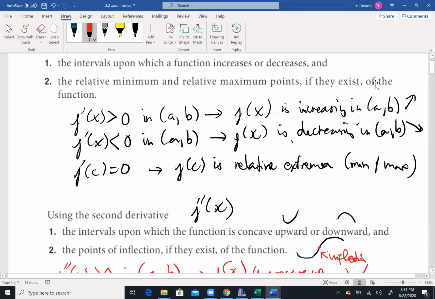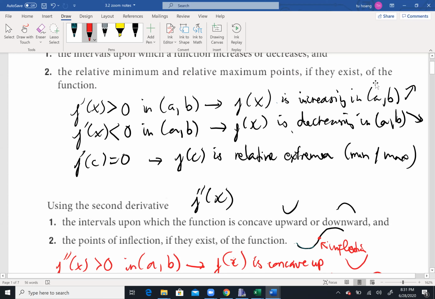And lastly, if I have f derivative of c, at x equal to c, equals 0, then what happened? f of c is a relative extrema, which means minimum or maximum, right?